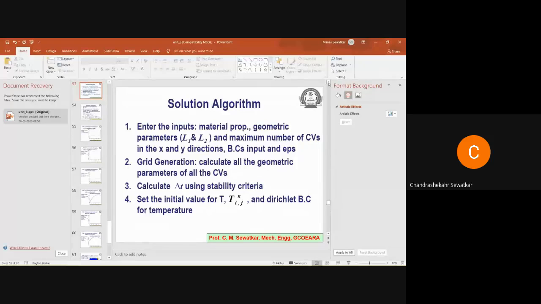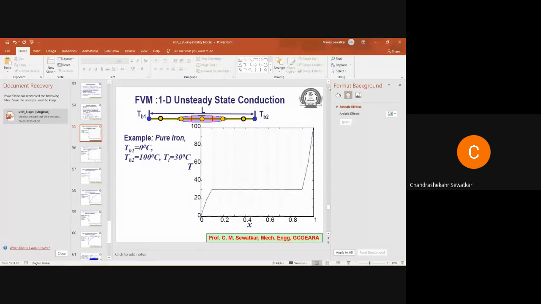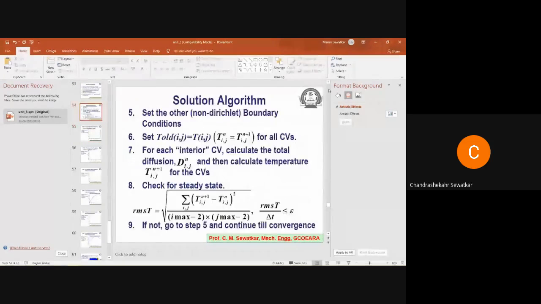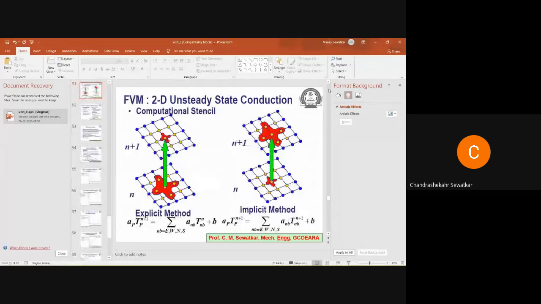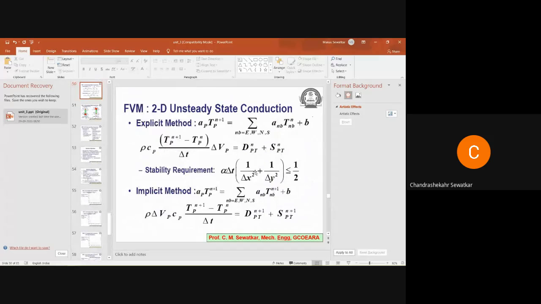We have also tried to derive it by using Gauss divergence theorem. And we have also talked about the solution methodology in terms of explicit and implicit methods. And we have talked about the stability criteria. The proof for the stability criteria is available in almost all the textbooks on computational fluid dynamics.